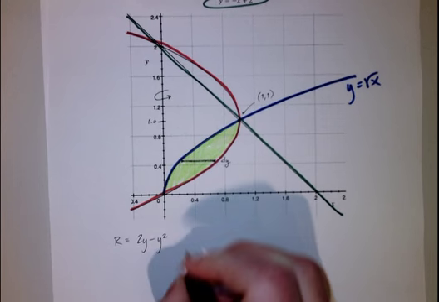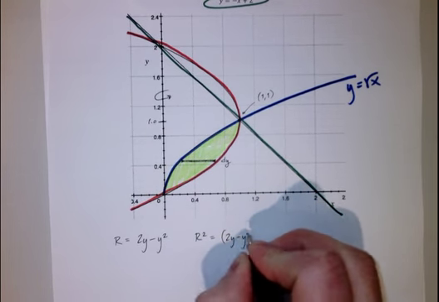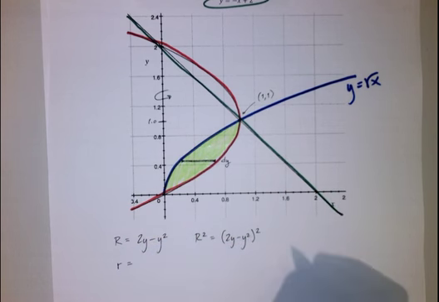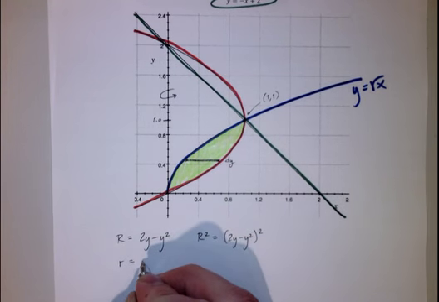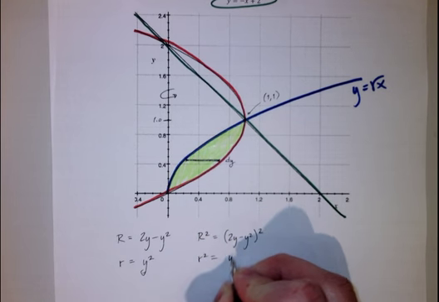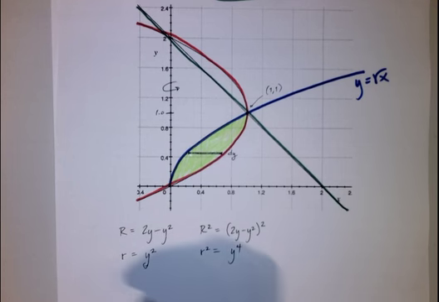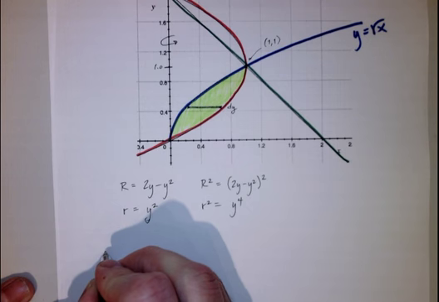Okay. Big R squared, and I, again, cannot emphasize how much I recommend actually writing out R squared, okay? Now, this is y squared. So R squared is equal to y to the fourth. Now, from here, it winds up being relatively simple.